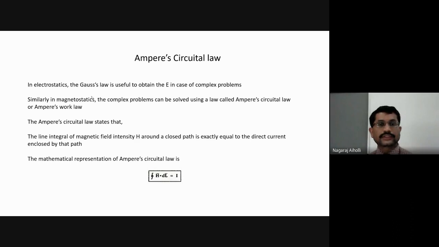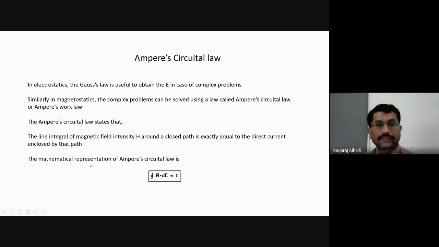The Ampere's circuital law states that the line integral of magnetic field intensity H around a closed path is equal to the direct current enclosed by that path. This is what is called as the Ampere's circuital law or Ampere's work law. Both are one and the same.